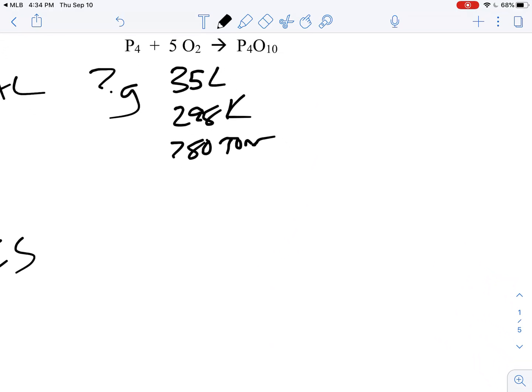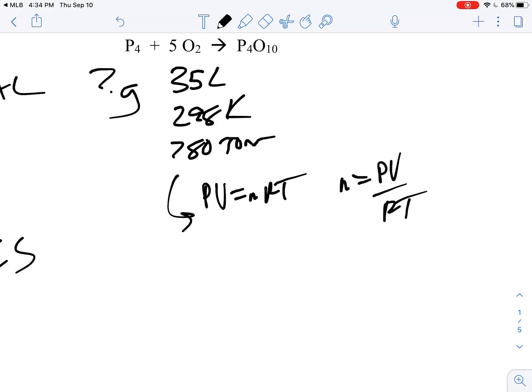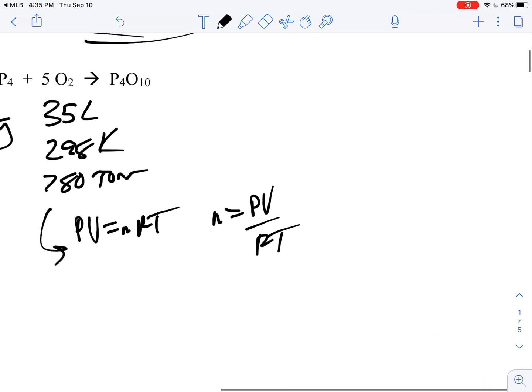So how are we going to take that information and turn it into moles? Well, we're going to use PV is equal to nRT, or rearranged, we're going to see that n is going to be the same as PV over RT. So we can get the moles if we use the pressure, the volume, the gas constant, and the temperature.